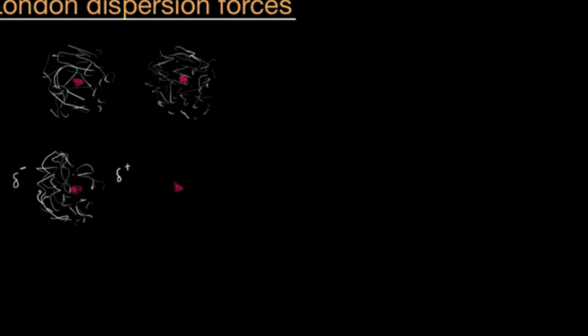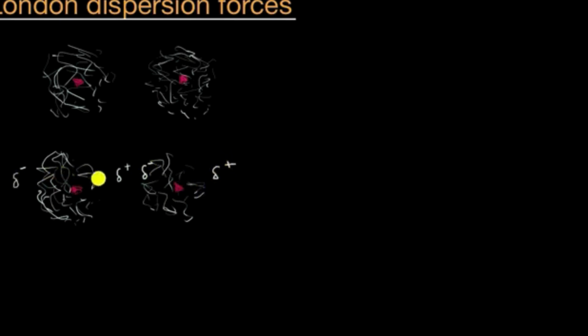So these electrons might be pulled a little bit to the left. And that will induce what is called a dipole. So now you'll have a partial negative charge on the left side of this atom and a partial positive charge on the right side of it.